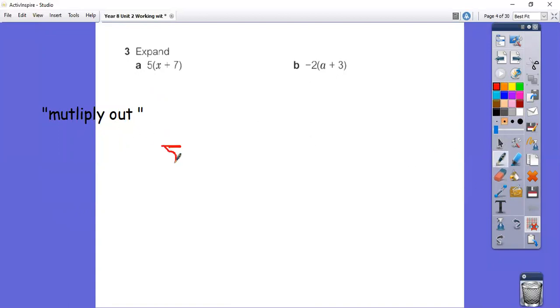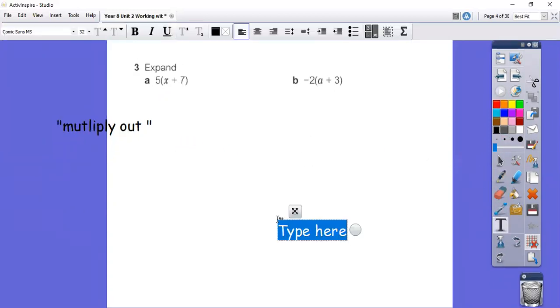So the first one, I'll do that with you. We've got 5 inside the brackets, x plus 7. Now, again, remember, you've got to show your workings.